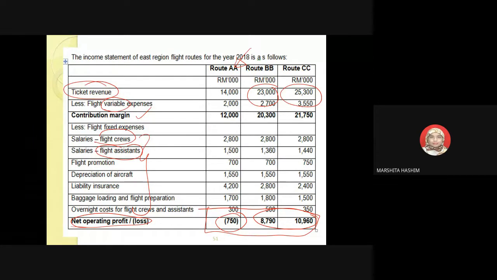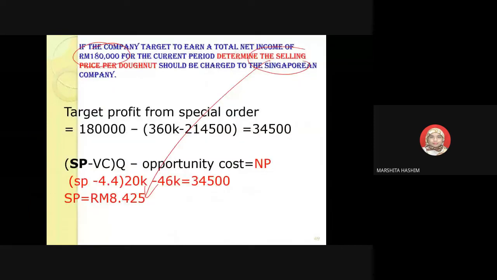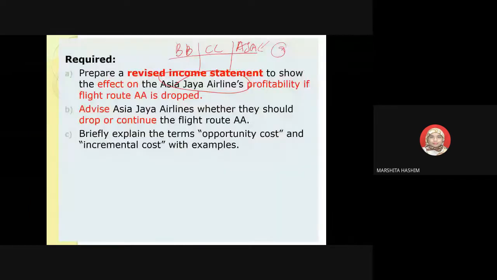That means 19 million. Okay, 19 million. So after you do requirement A, you compare with 19 million. If net profit is more than 19 million, you should drop. If profit is less than 19 million, that means if you continue, profit is higher than if you drop route double A, so better to continue. Otherwise, you should discontinue.